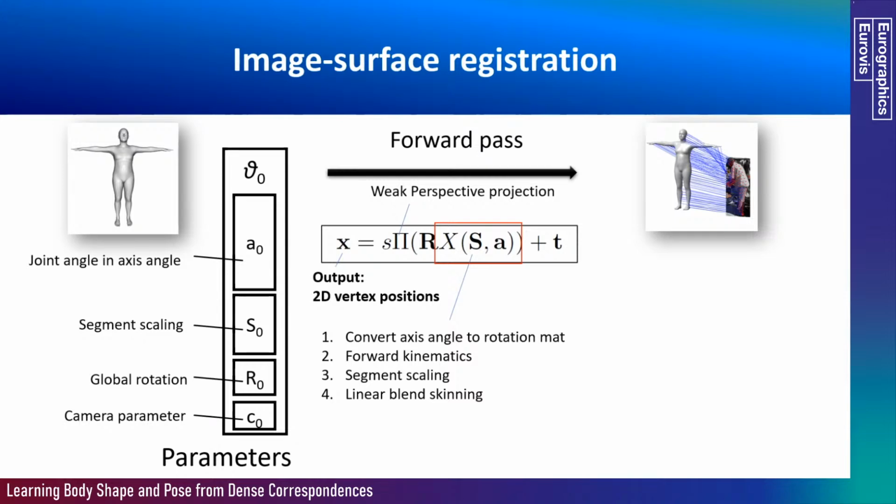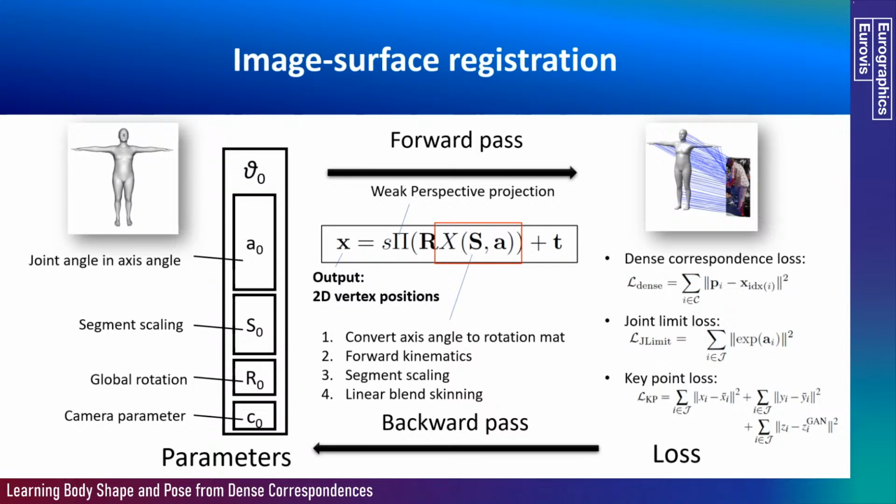To reconstruct 3D humans from dense correspondences, we designed an image surface registration technique using a deep learning framework. In the forward pass, the template model is deformed by a model-based approach and then projected to images by weak perspective projection. Then the dense correspondence loss is calculated by taking the difference between projected body points and dense annotations.